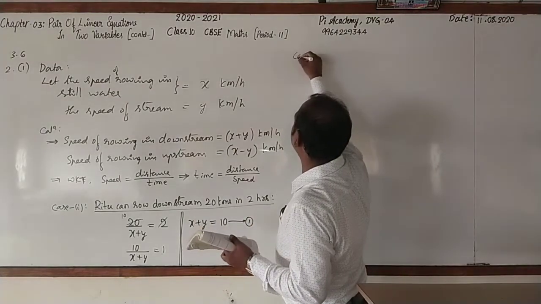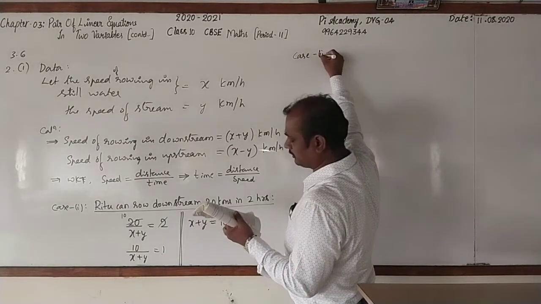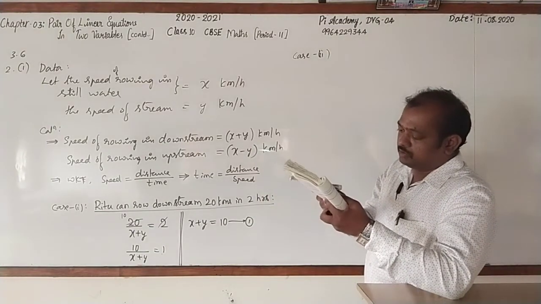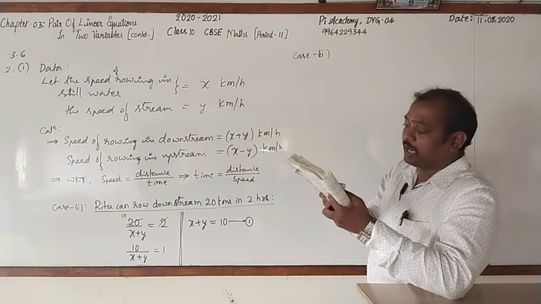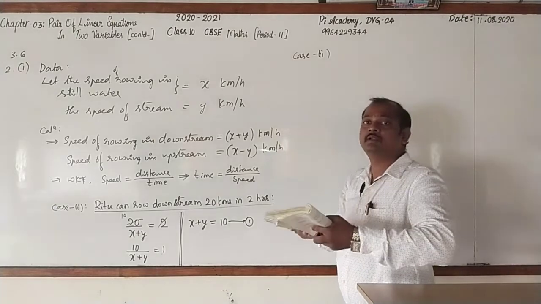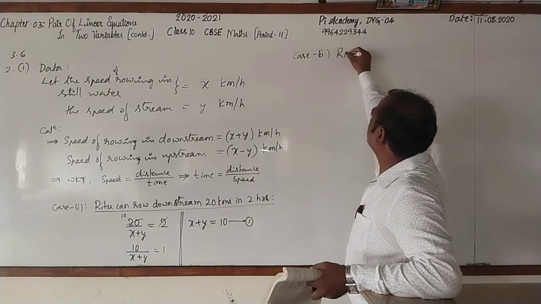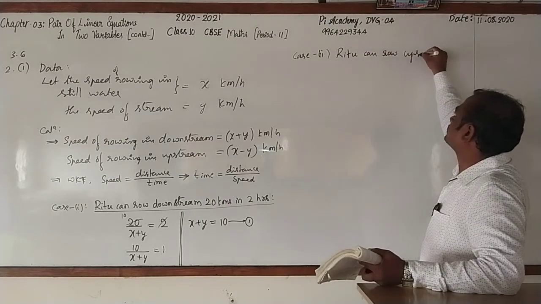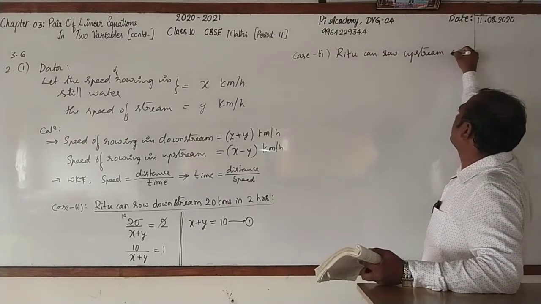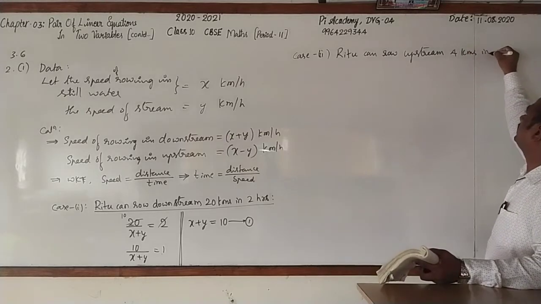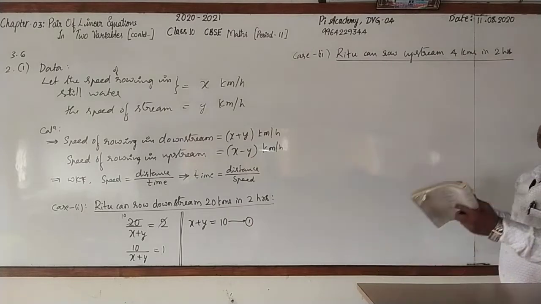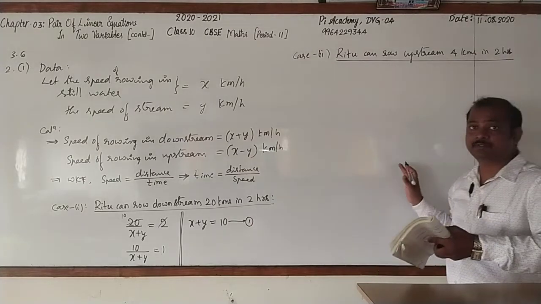Now let's move on to case 2. What has been given in case 2? Ritu can row upstream 4 kilometers in 2 hours. In 2 hours, she can row just 4 kilometers in upstream.